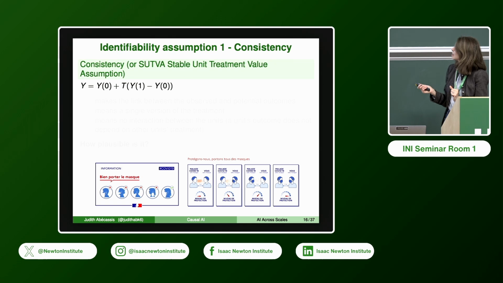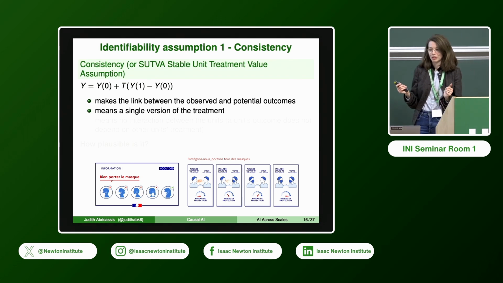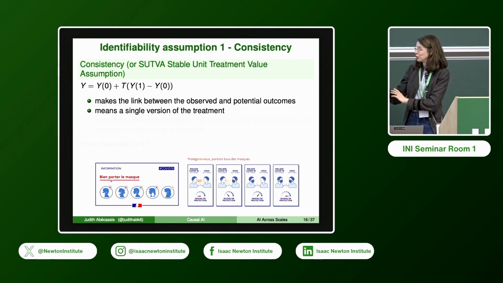It's actually weird to think about it that way, but if we look at additional formulations of it, one aspect of consistency is that we have one single version of the treatment. Otherwise, we would compare different things for different units, and it wouldn't make sense.